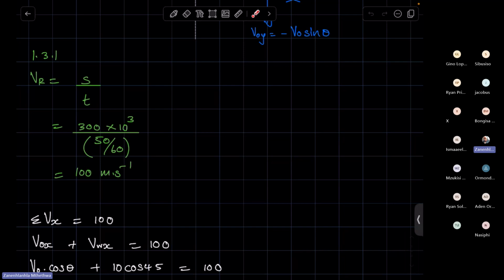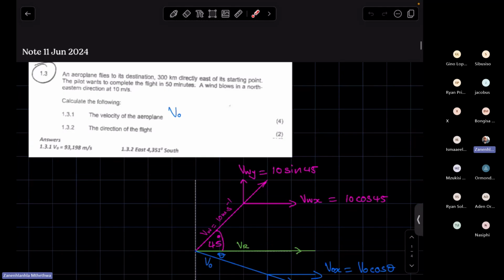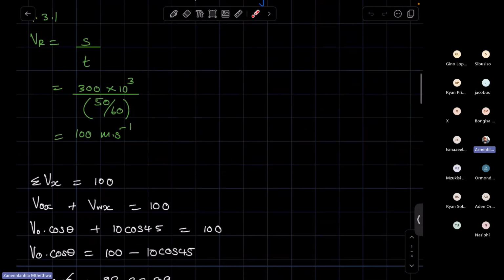So, because this is 300 kilometers, you multiply that by 1,000. And then in terms of minutes, we had 50 minutes. So this was supposed to be 50 times, not 50 divided by. I see the confusion here.